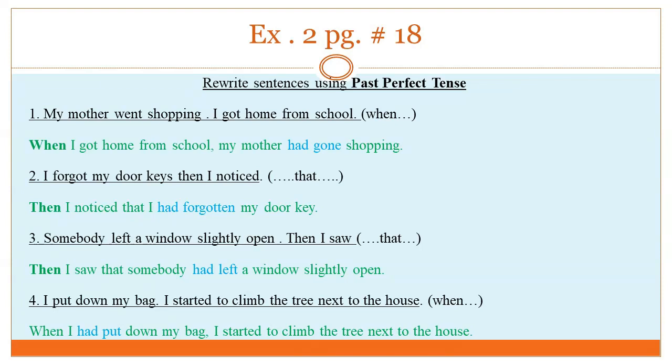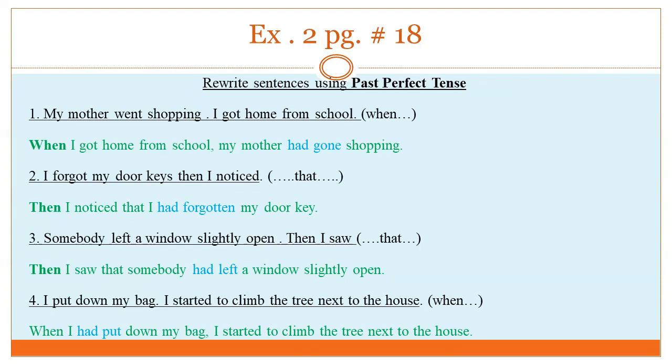So we will put past participle and had. When I had put down my bag, comma, I started to climb the tree next to the house. So these 4 sentences are solved for you. Follow the same pattern and the rest of the exercise is for you to solve by yourself.